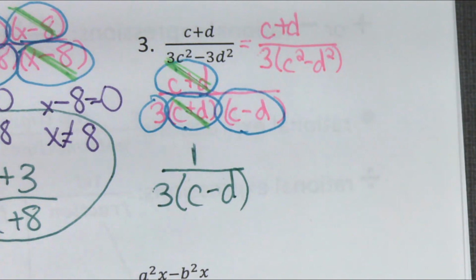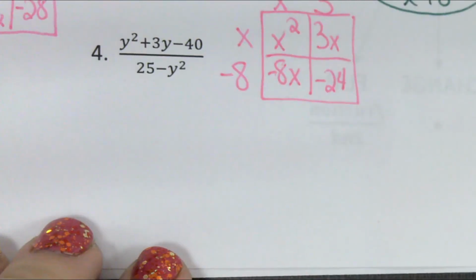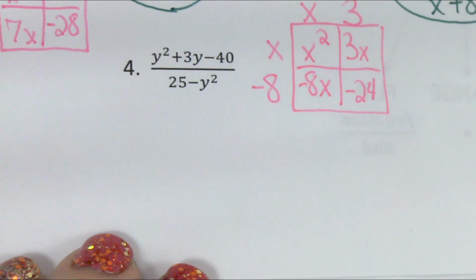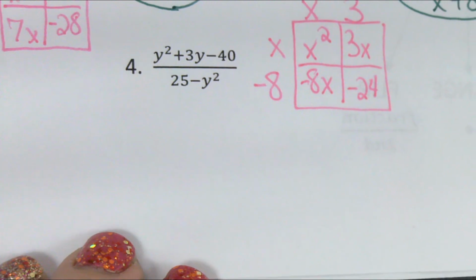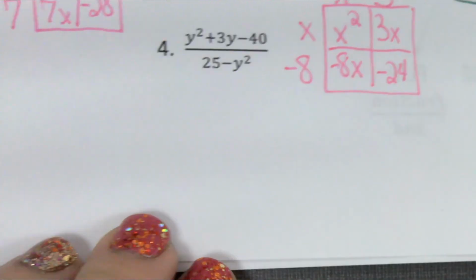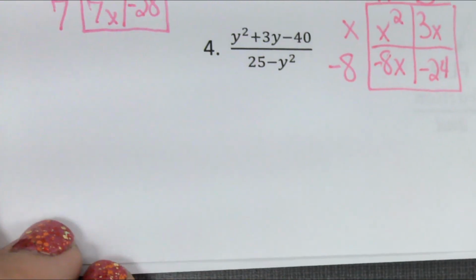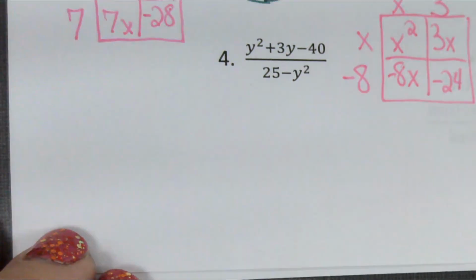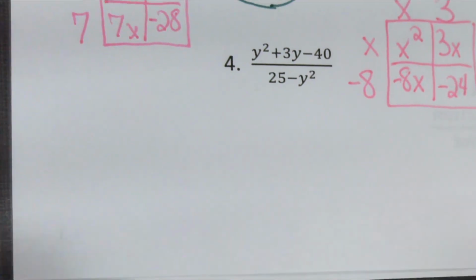Take a look at number 4. I need to factor everything that I can. So that includes doing A times C on my numerator. So A times C would give me negative 40.